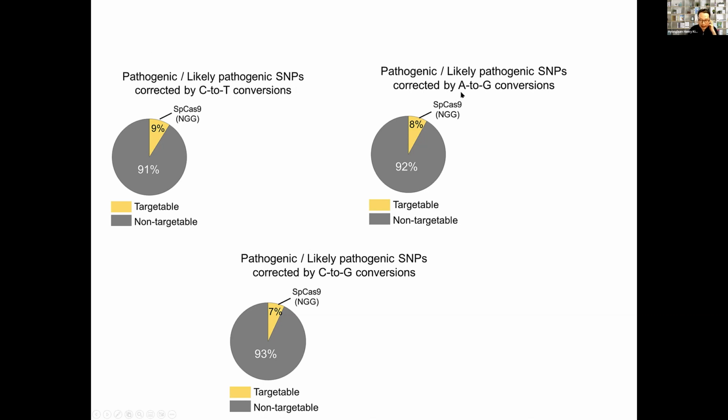In A to G conversions, only 8% can be targeted using base editors. And for C to G conversions, only 7% can be targeted using SpCas9-based base editors.